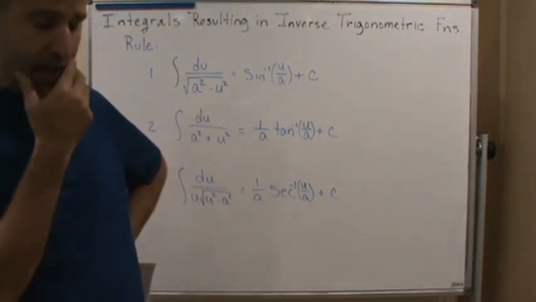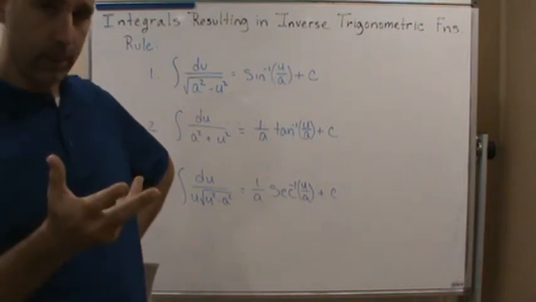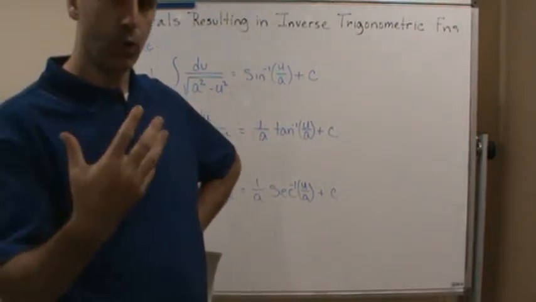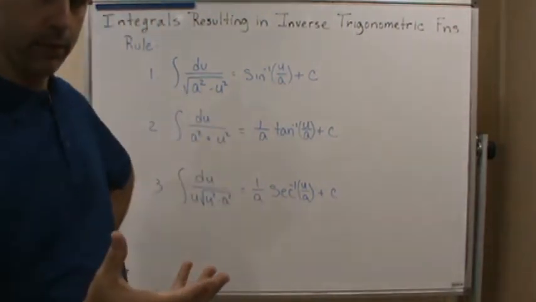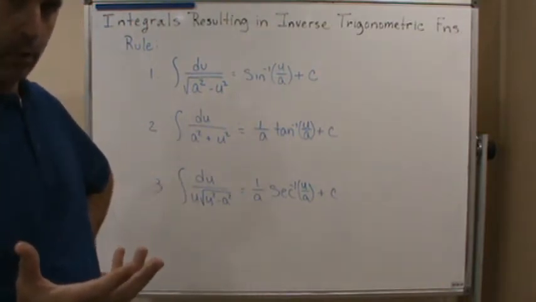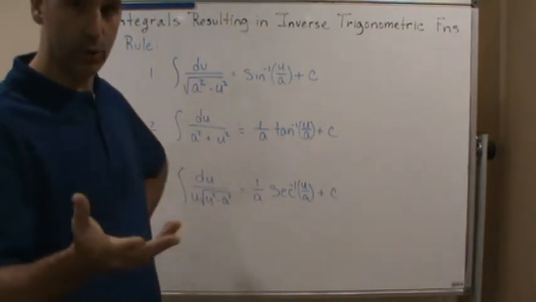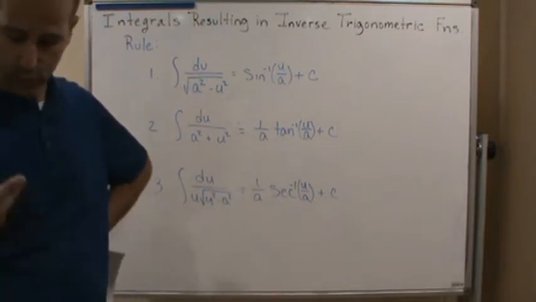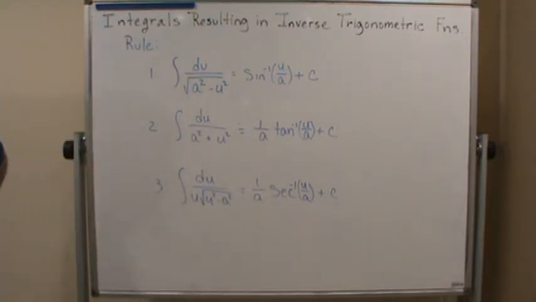That being said, we've also learned about some of these derivatives of trig functions, and we're going to use some of the trig properties, trig identities and things like that, that are going to help us. So here are 3 rules that you're going to want to learn and make sure you learn them, because this is going to be important.